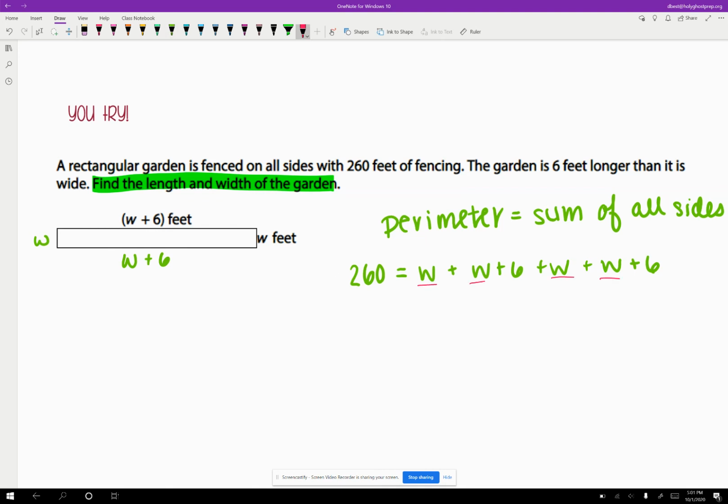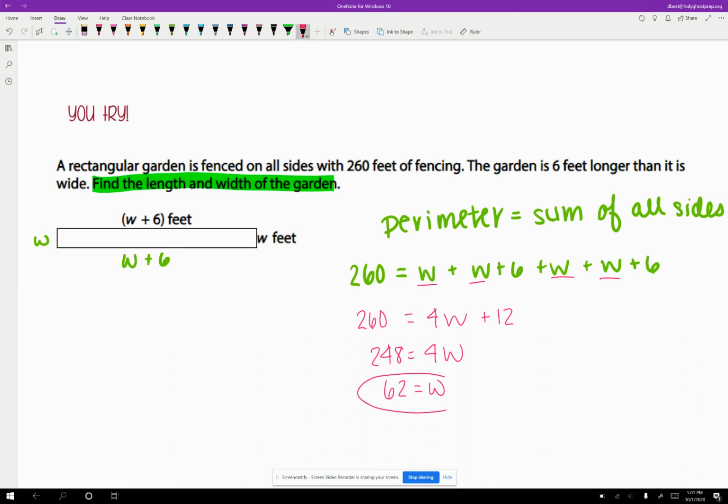Hopefully you combined your like terms. So you get 4W plus 12, all equal to 260. Your next step would have been subtracting 12 from 260 to get 248. And your last step should have been dividing by 4 to get 62.